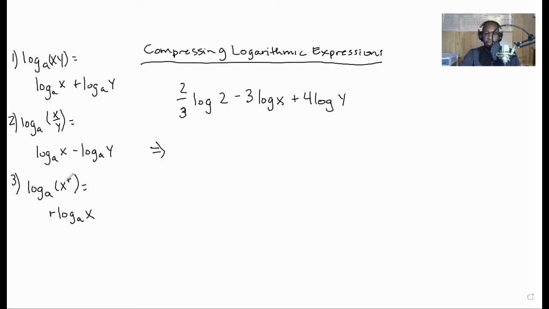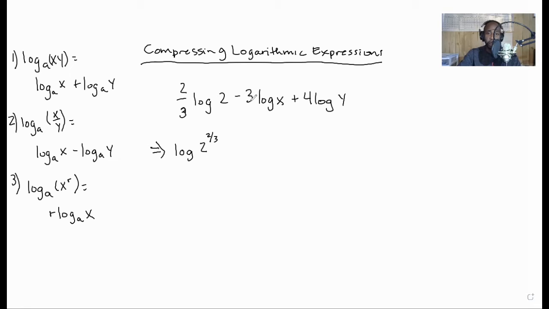So let's go ahead and do that. That becomes log of 2 to the 2/3 power. And we're going to revisit that.